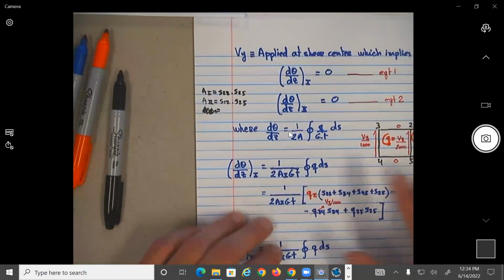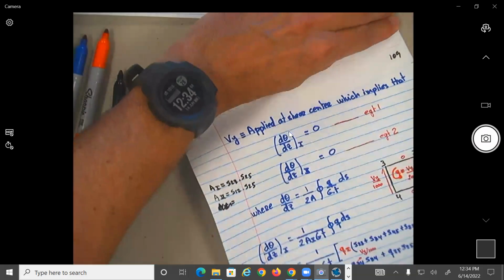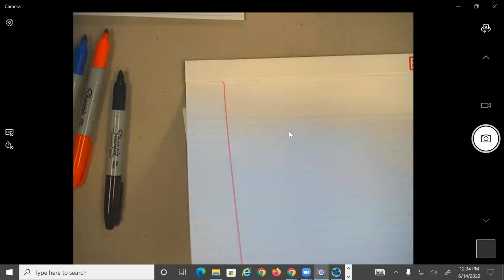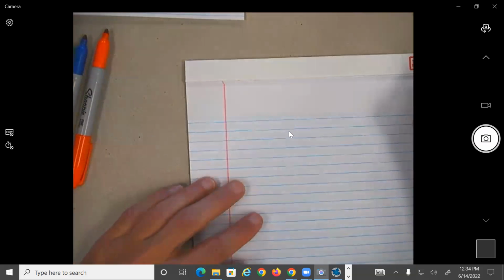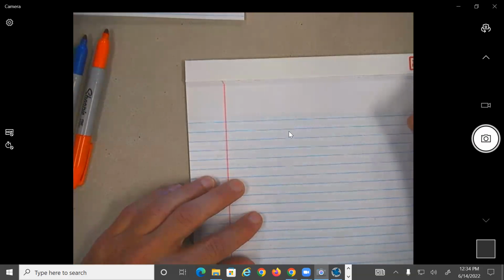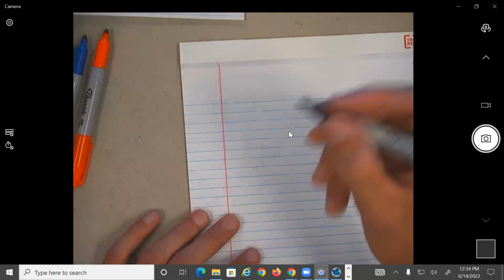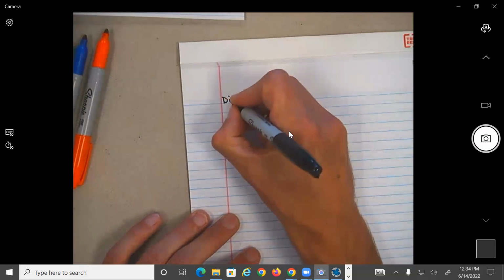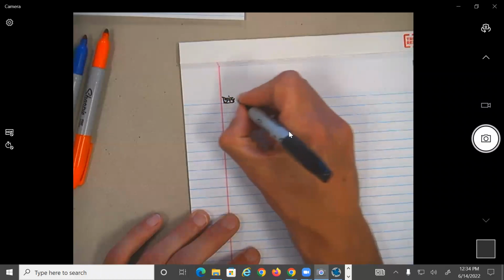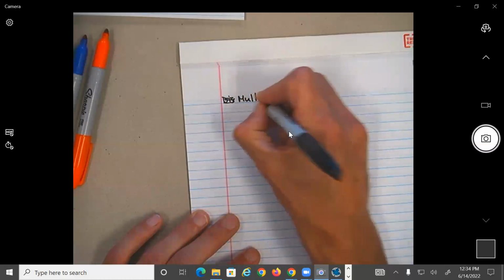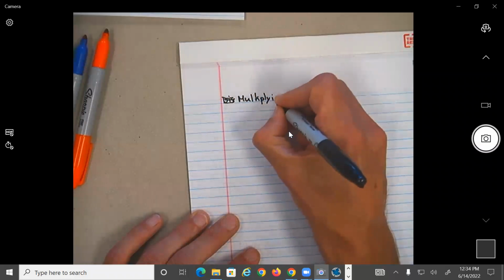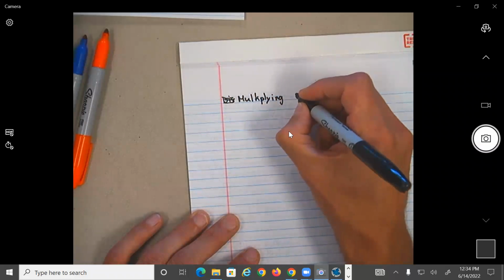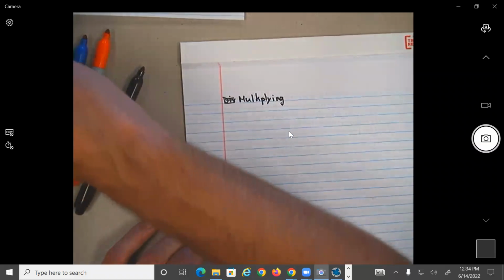Okay, so this will give you some simplified equations. So let's say, okay, multiplying equation 1.